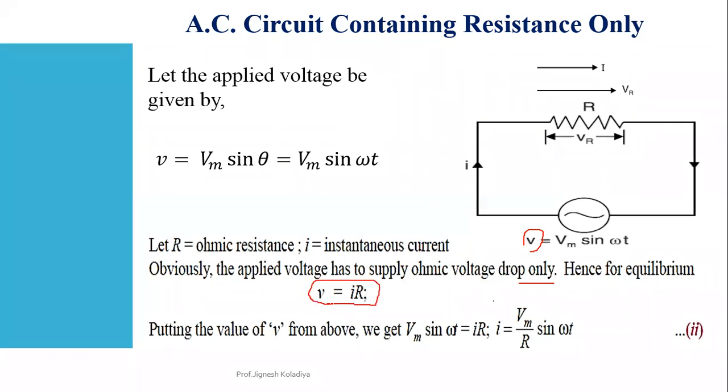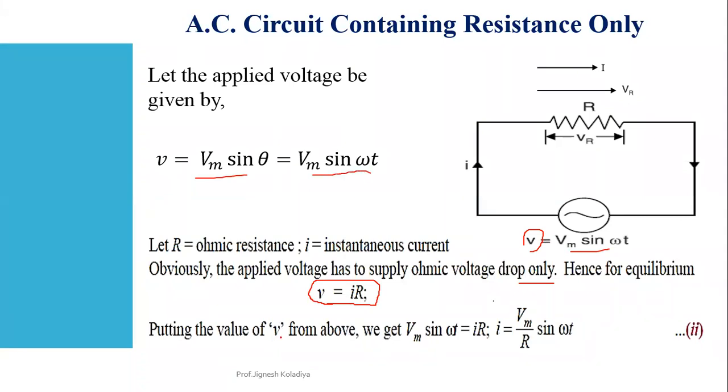Because this supply voltage has to overcome the ohmic voltage drop, and that's why I can write V is equal to I into R. The value of V is Vm sine omega t.